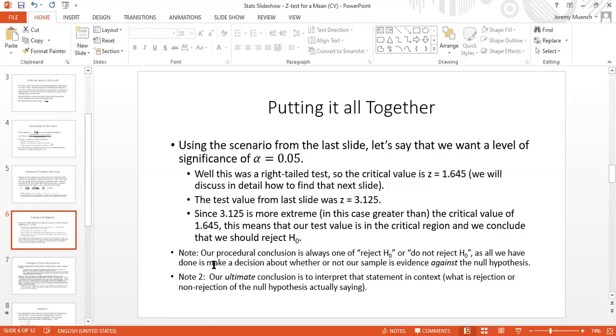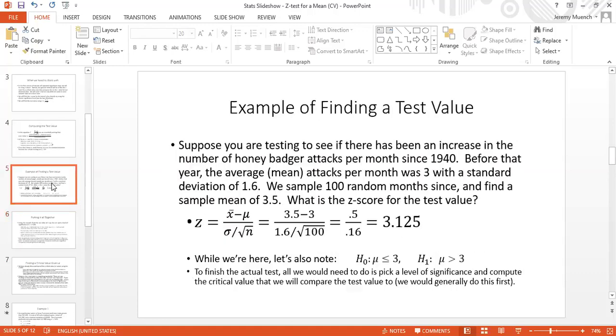So ultimately, our real conclusion is to interpret this statement in context. What is rejection or non-rejection actually saying? Here, our rejection of the null hypothesis is really saying that, if you go back to the previous slide of what we were starting with, evidence suggests that we should reject the null hypothesis.